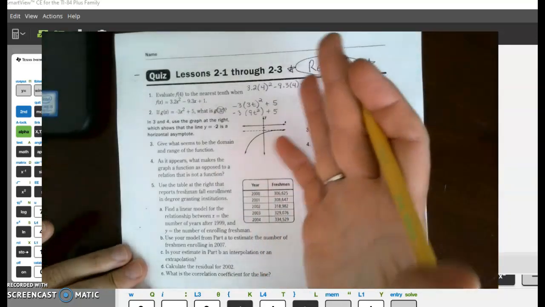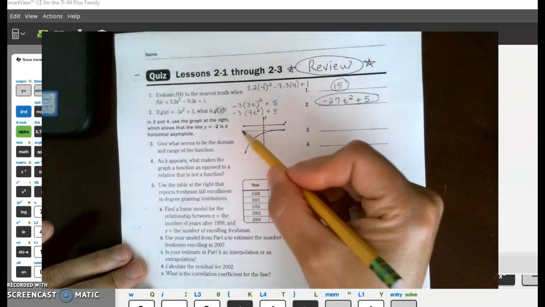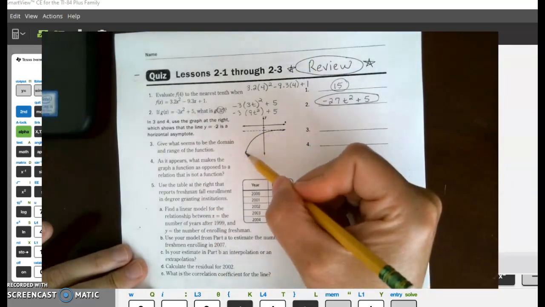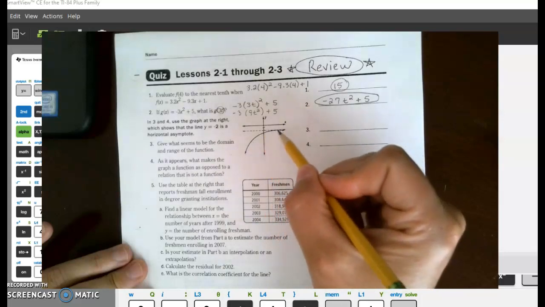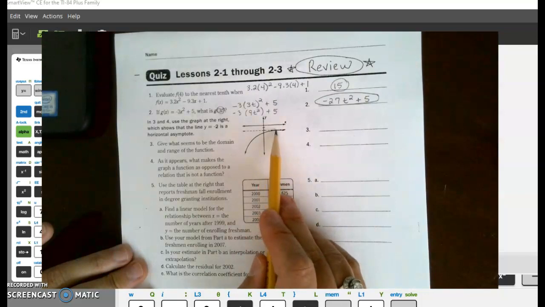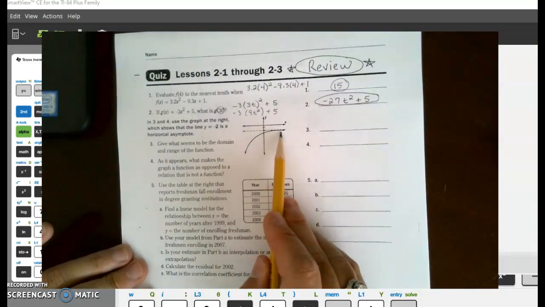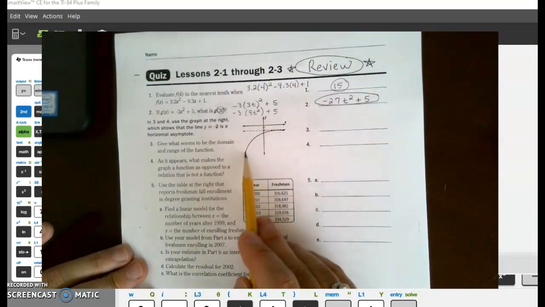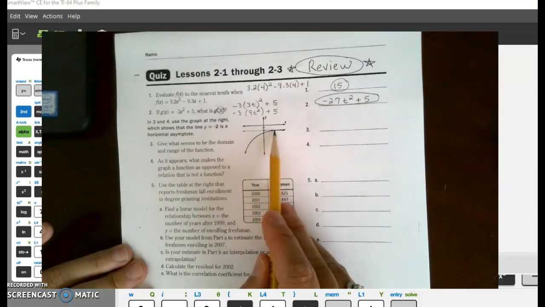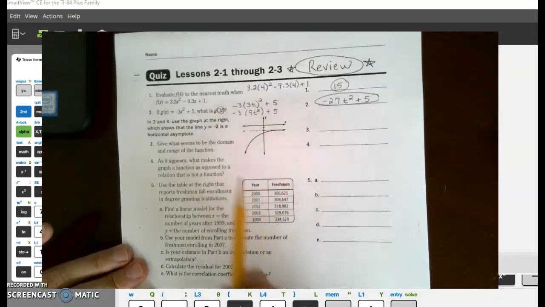It's not actually drawn on the graph, but we draw it as a dotted line to show that it's where this line gets really close to but never touches. I know it looks like they're intersecting right here, but they're actually not. It's just that this exponential function gets so close that it looks like it's on the line y equals negative 2, but it's actually just really, really close to it.